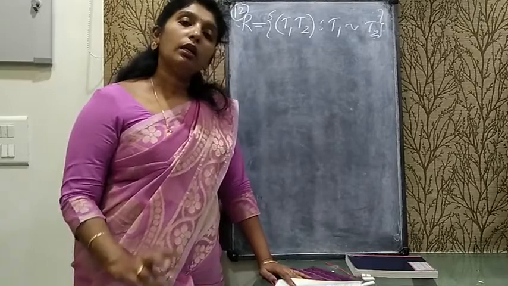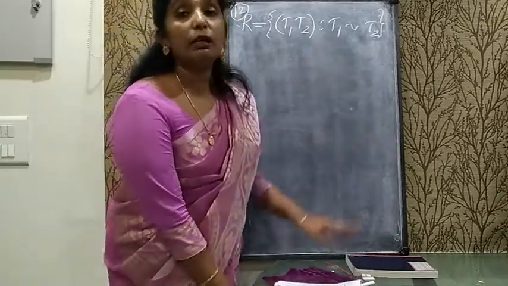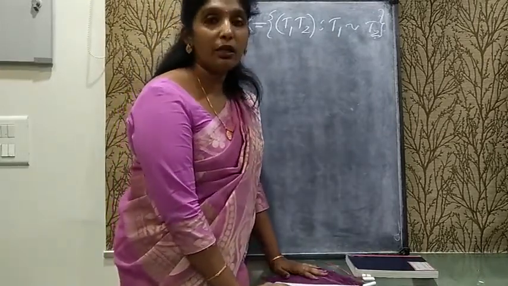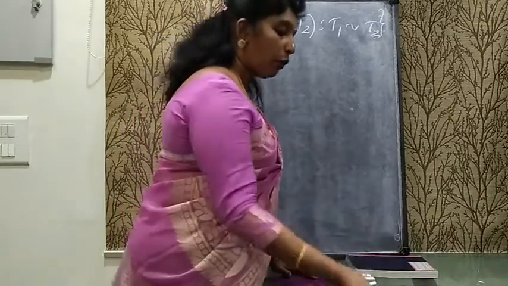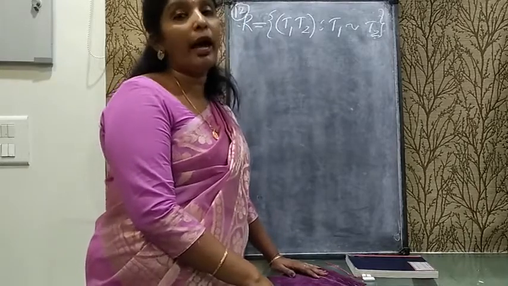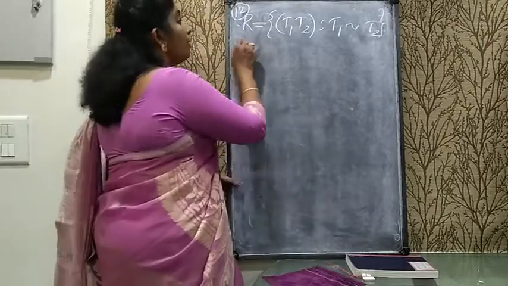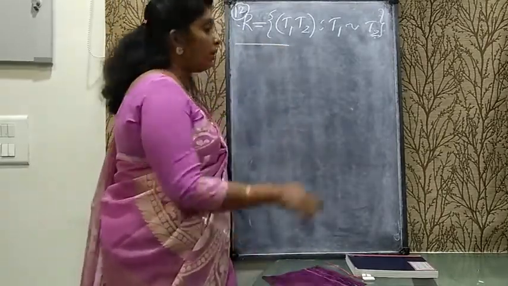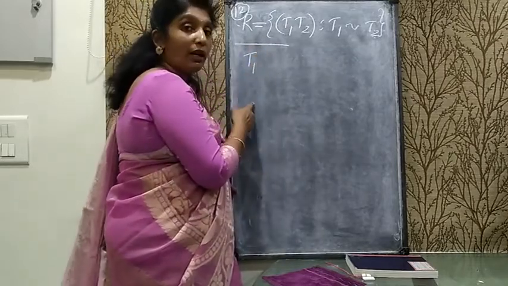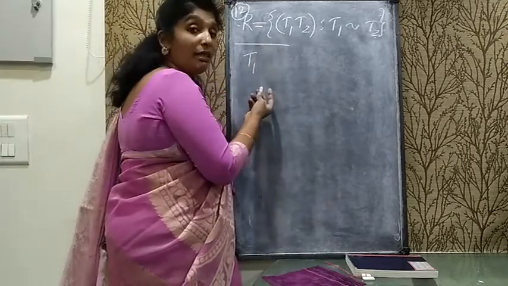Here T1 and T2 are 2 triangles such that T1 is similar to T2. Then you need to show that the given relation is an equivalence relation. For proving an equivalence relation, what we have to prove? We have to show that it is reflexive, symmetric and transitive. So first of all, for showing reflexive, if T1 belongs to a relation, what is the meaning?